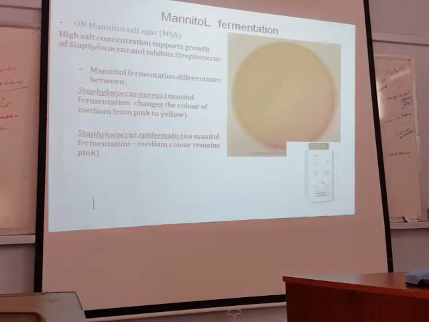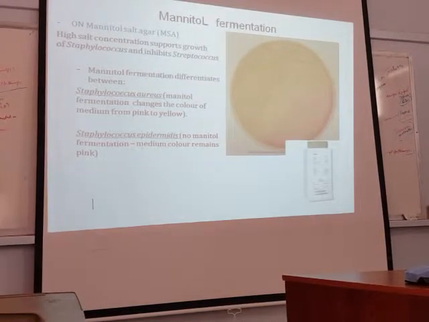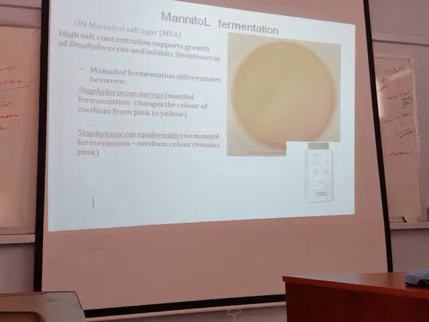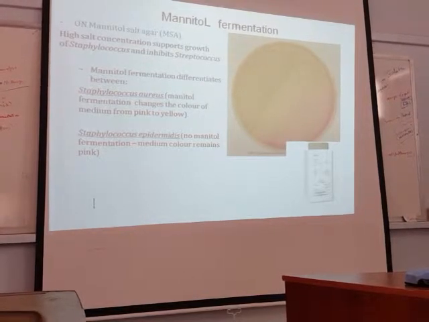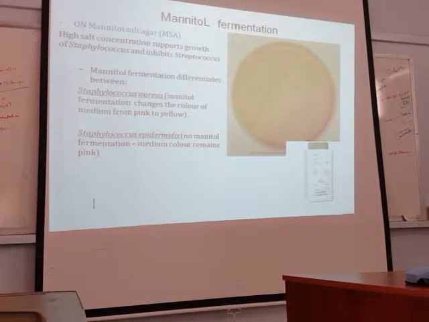Usually, microorganisms cannot survive a sodium chloride concentration of 5%. Usually, in pathogenic strains, if you increase the salt concentration in the media, the microbe will not grow. But Staphylococcus aureus has the capability to grow at a higher salt concentration, and it has the capability to ferment mannitol.